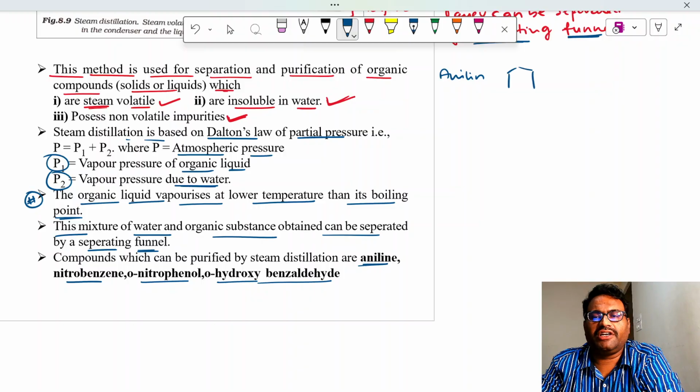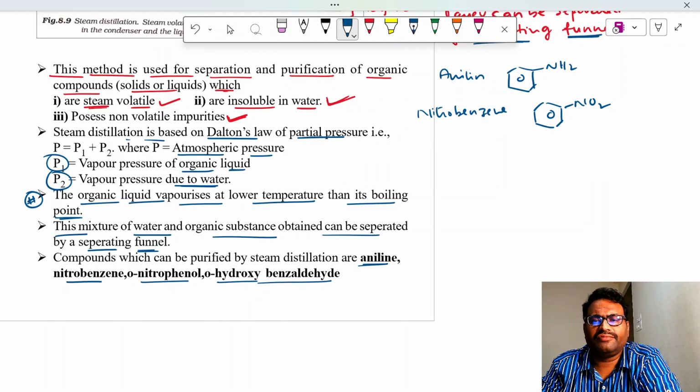So this is aniline, and this is nitrobenzene.